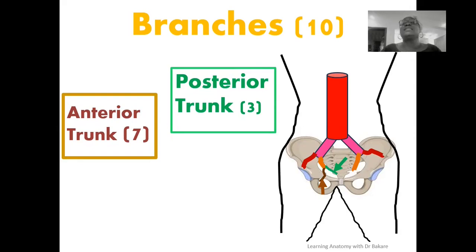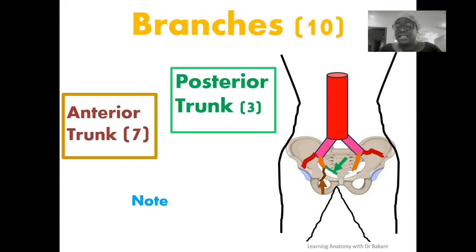These 10 branches will be highlighted in a subsequent slide, but it is good for us to establish the fact that we would have an initial division into trunks. And when you hear trunks in anatomy, there's going to be further emergence. This division will produce the branches that we would be highlighting.